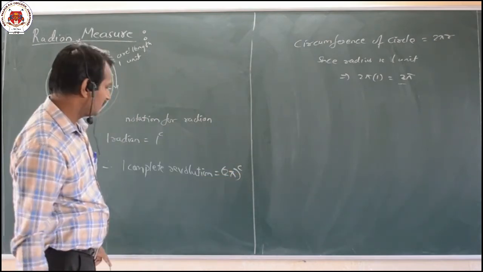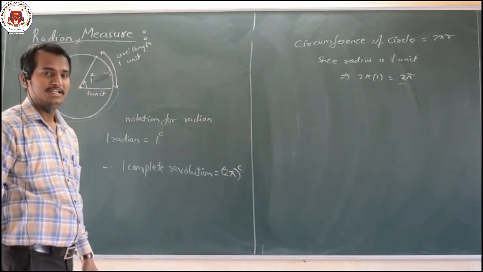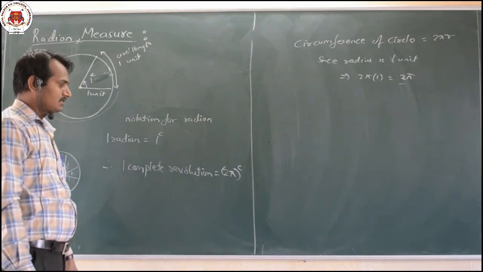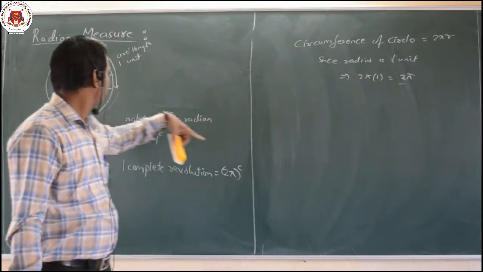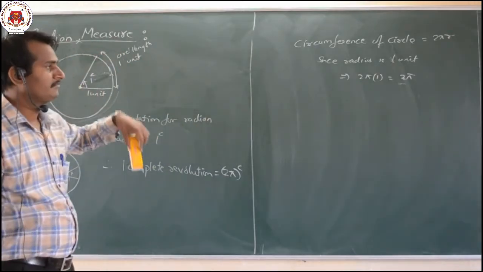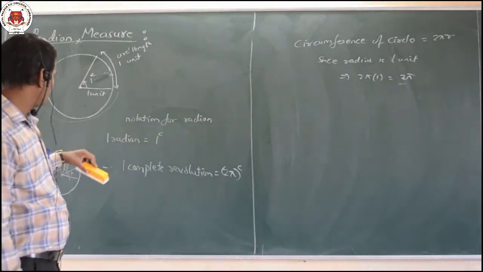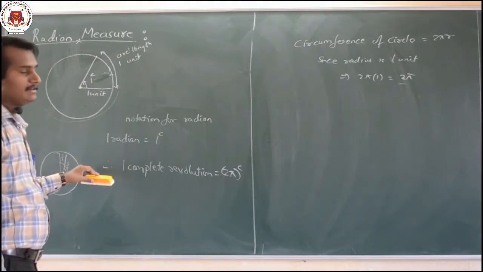One complete revolution is equal to 2 pi radians. Dear students, how does it occur? By making use of the circumference of the circle. This is all about the radian measure.